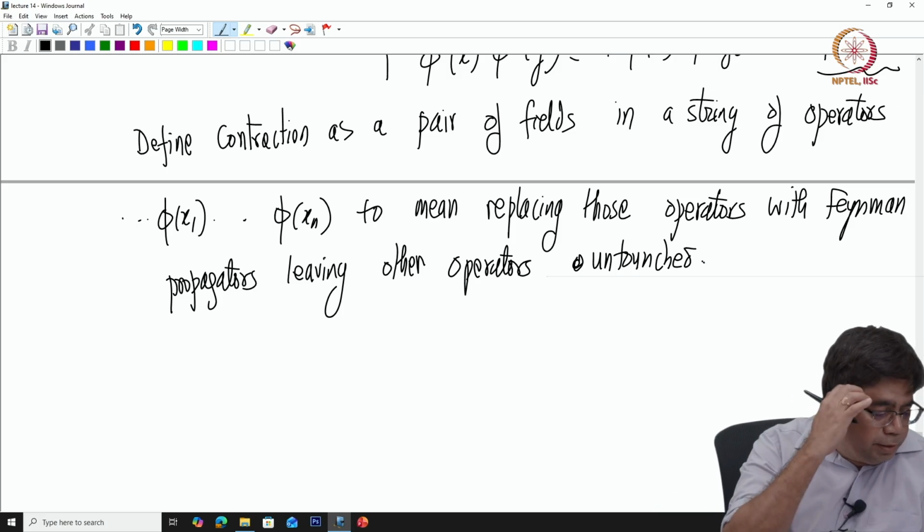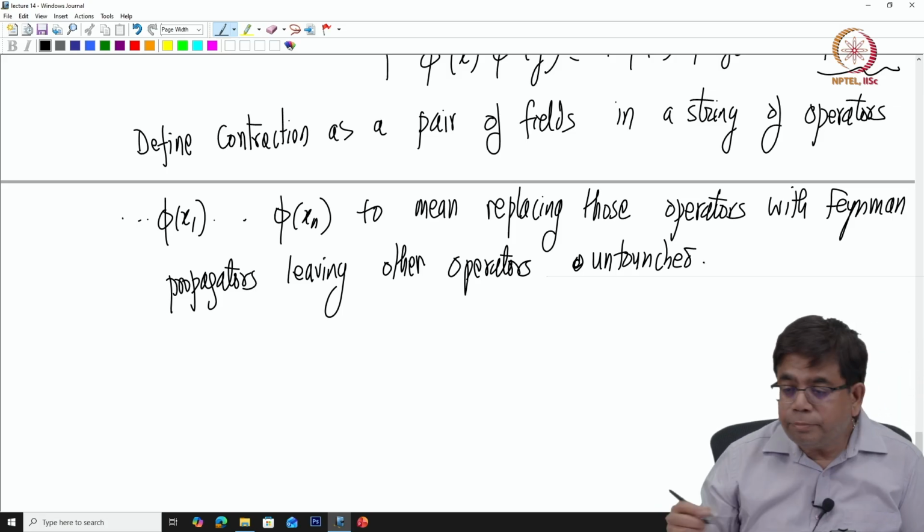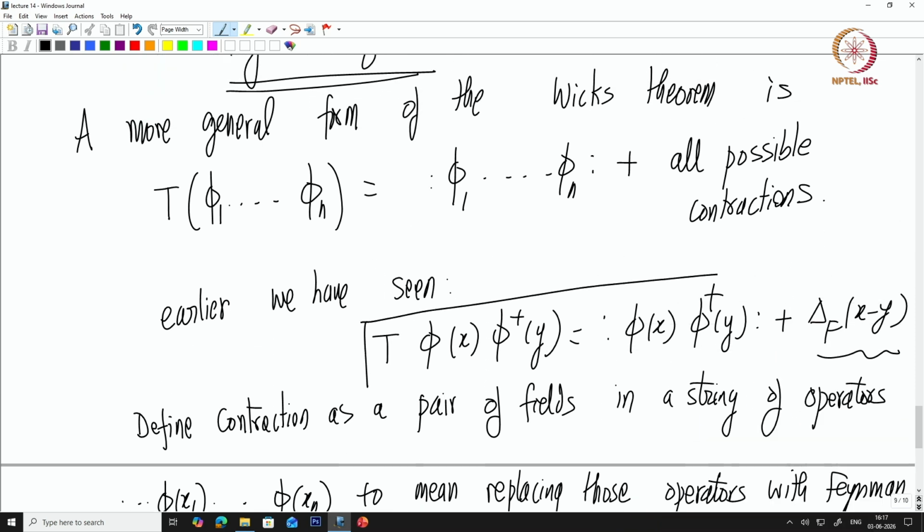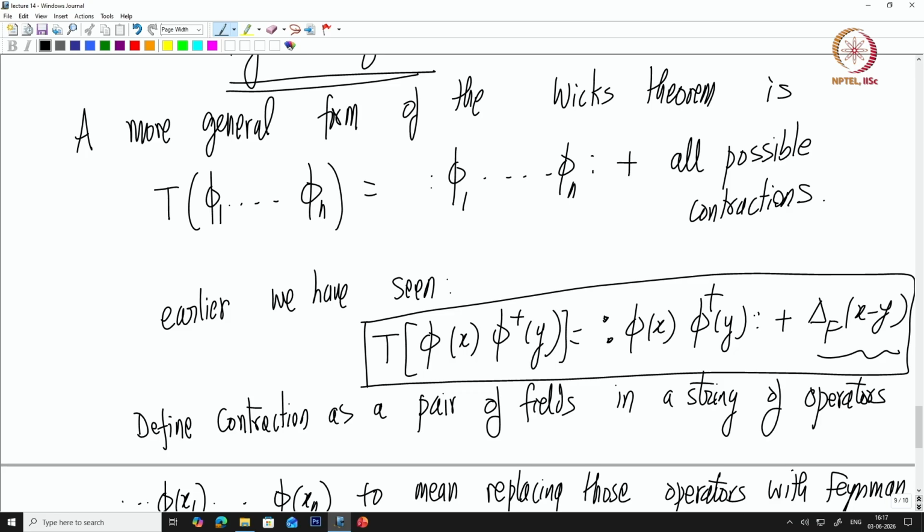In other words, for two fields you have this nice picture that a time order product of phi x, phi y is equal to the normal order product of phi x, phi dagger y plus this thing, which is nothing but your contraction, this delta F. But if you have multiple fields, the reason why we need multiple fields is because we are dealing with Phi Four theory.